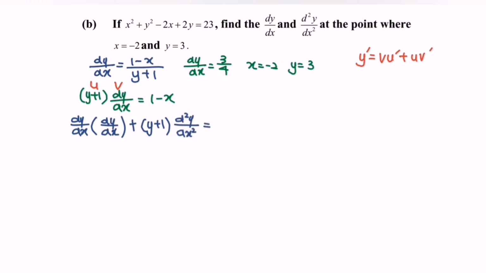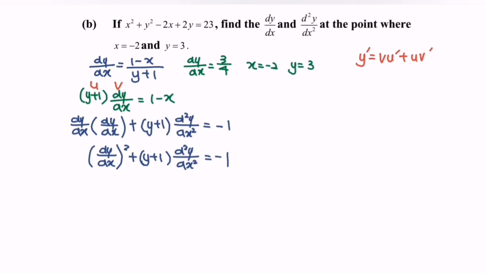Is equal to, differentiate the 1, we will obtain 0, minus 1. Rewrite the equation. So where we will have dy/dx squared plus y plus 1 multiplied with the second derivative equals negative 1.